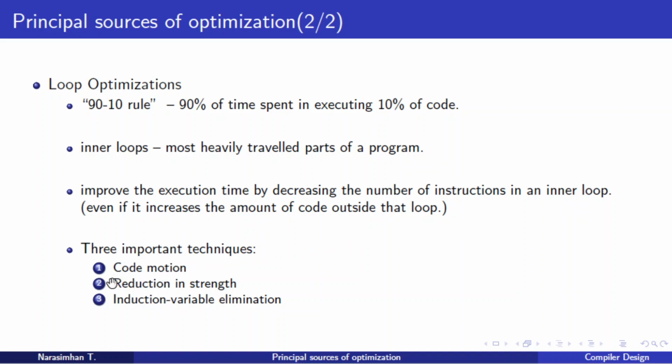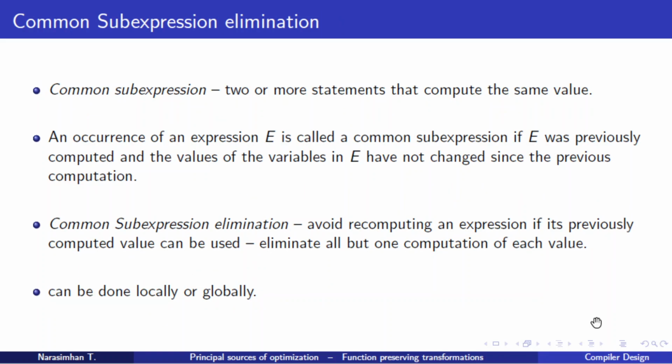One is code motion, second one is reduction in strength, and the final one is induction variable elimination. In this lecture, we will concentrate on the function preserving transformations and we will take up the loop optimizations in the next video. So we will begin with the first example of function preserving transformation, that is common sub-expression elimination.